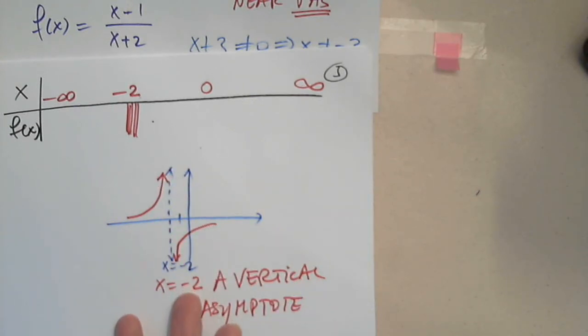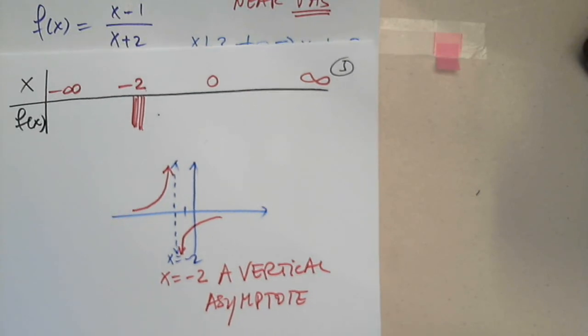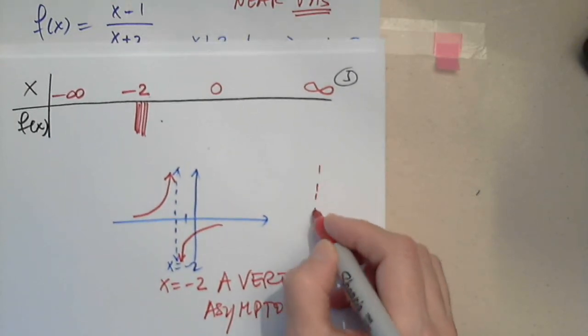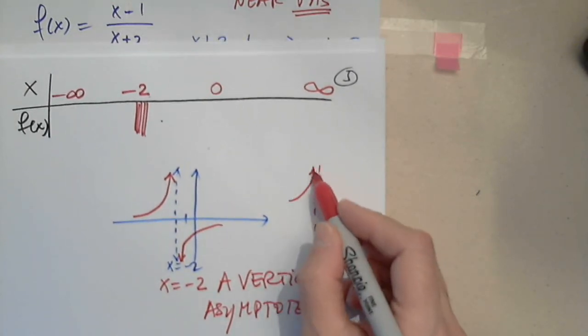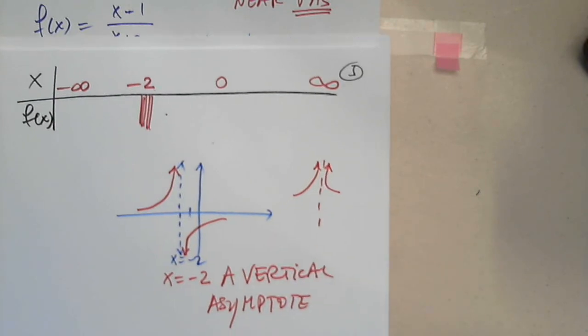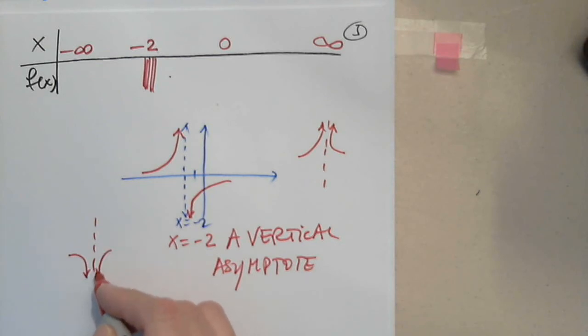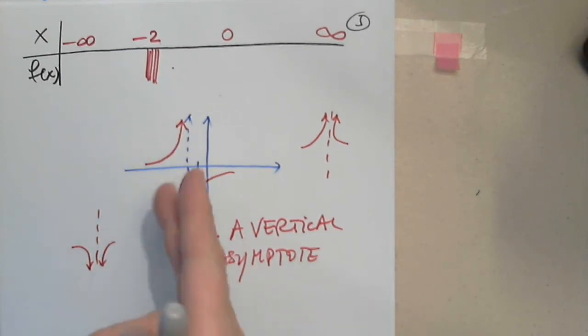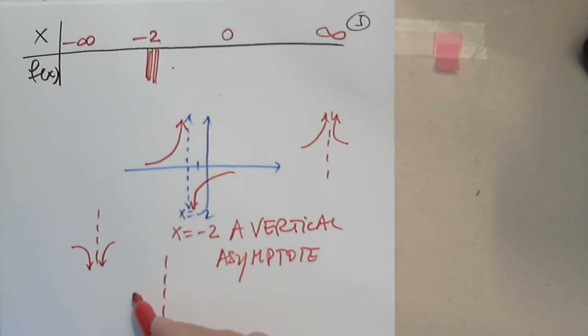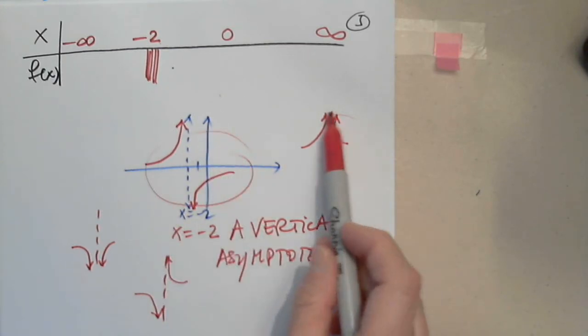Is this the only option? No, there are 4 possible options. So if this is negative 2, the function can go to positive infinity on both sides. If this is negative 2, the function possibly can go to negative infinity on both sides, and reverse these two: negative on this side and positive on that side. So there are 4 possibilities.